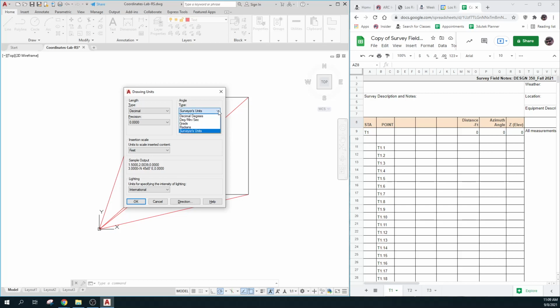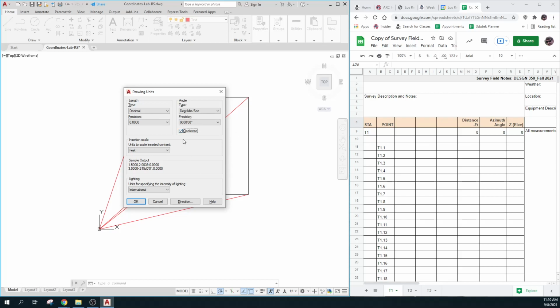So I'm going to change this to degrees, minutes, and seconds. And I happen to know that our theodolite does angles measured clockwise. So I'm going to measure my angles clockwise.